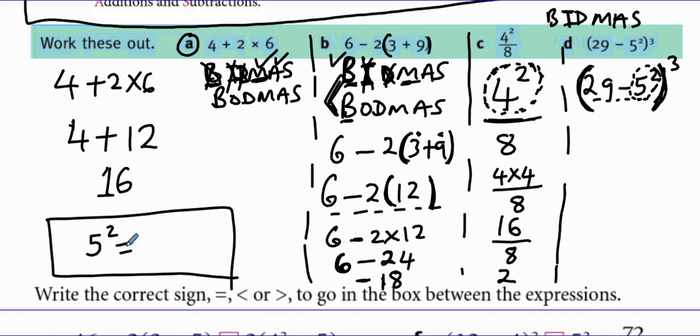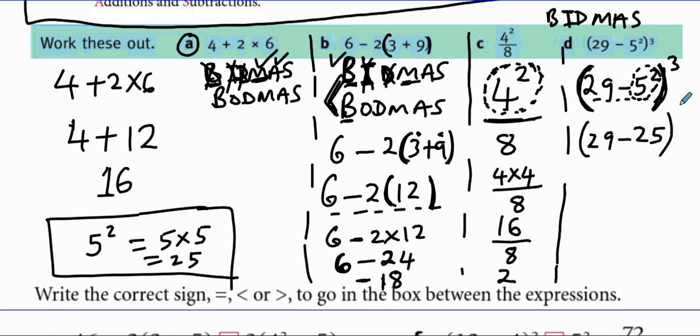What is 5 to the power of 2? Don't do 5 times 2. This is wrong. 5 to the power of 2 means 5 times 5, and this equals 25. So inside the bracket, you do 29 minus 5 to the power of 2, which is 25.